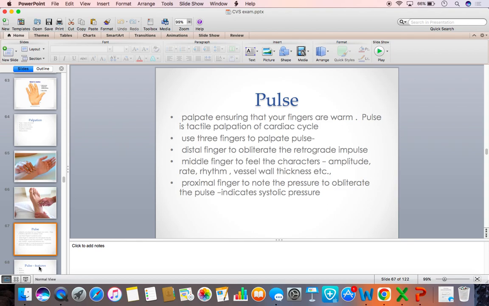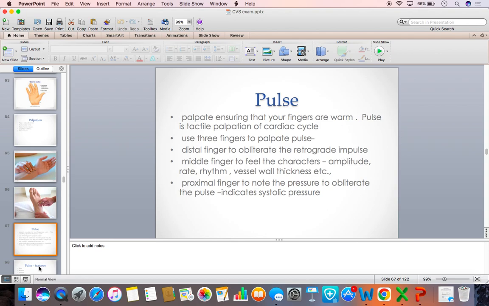Use three fingers to palpate the pulse. The distal finger is to obliterate the retrograde impulse. The middle finger is to feel the characters like amplitude, rate, rhythm, vessel wall thickness, etc. Then the proximal finger applies pressure to obliterate the pulse.